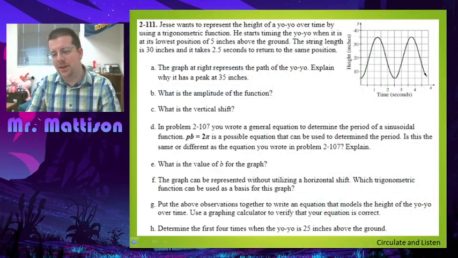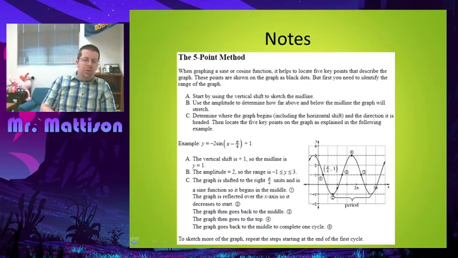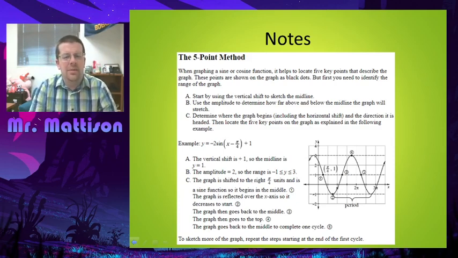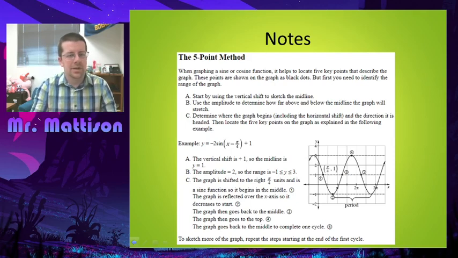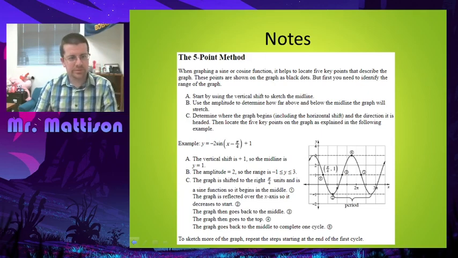Now let's head back over here and go over some notes real quick. So the 5-point method, this is kind of an example of how we can graph these. If we find peak, peak, peak, and then those 2 midpoints there, then we have all the stuff we really need.